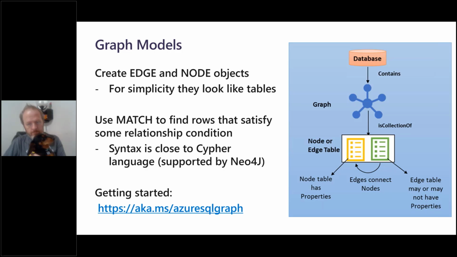So what is graph? Graph is like a different type of database in that the primary thing to understand is there are two kinds of entities in graph. One is called a node, another is called edge.